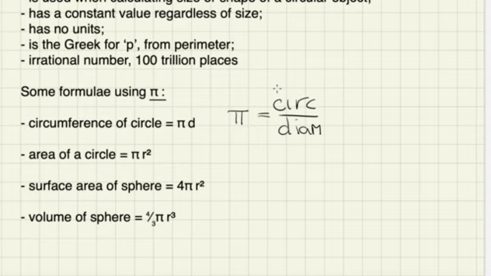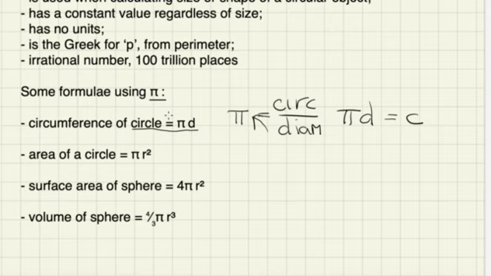And then you can rearrange this: if you get rid of the diameter here and move it up here, then you have pi times diameter, which is d, equals the circumference. And then if you change it all around, you get this formula here. So if ever you're trying to find out the perimeter, the circumference of a circle, you can measure the diameter, which is easier to measure, and then multiply it by pi.